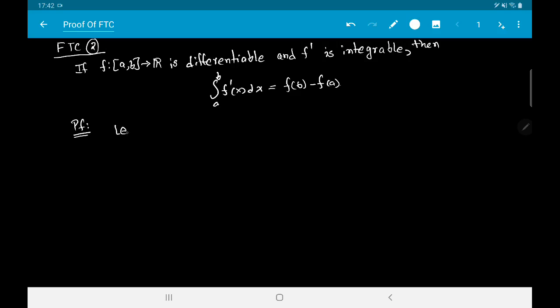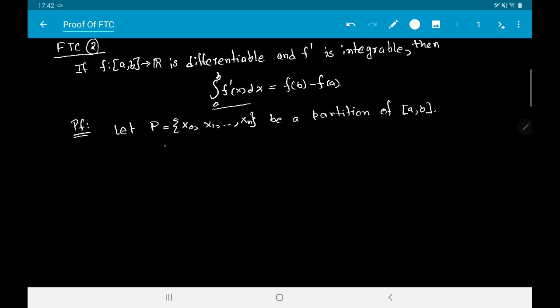So we have to do this integration. And how do we do Riemann integration? The first step is to choose a partition. So let P = {x0, x1, ..., xn} be a partition of the closed interval [a, b].